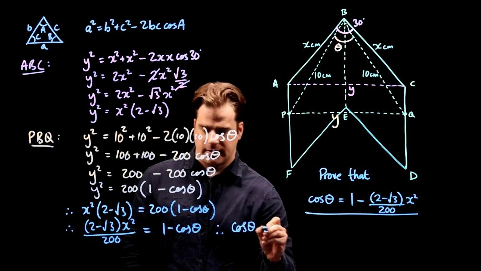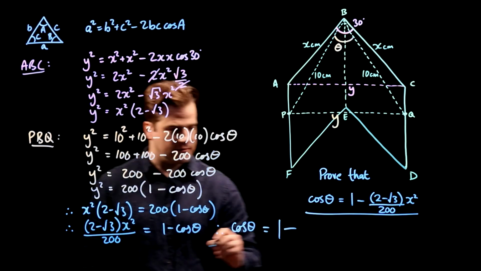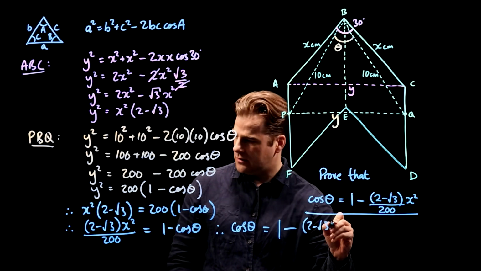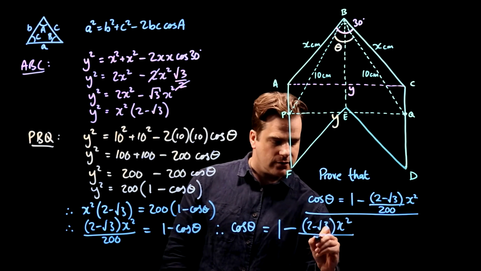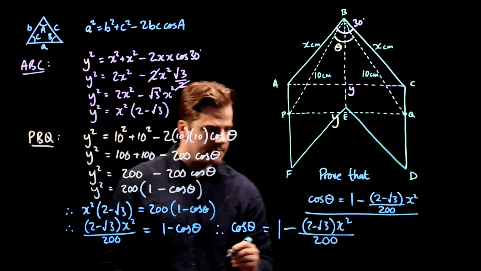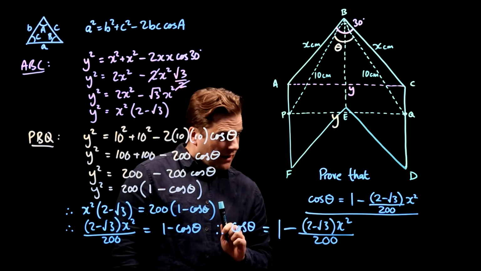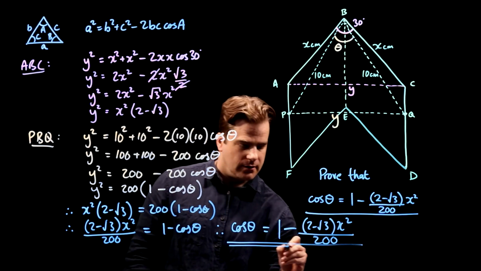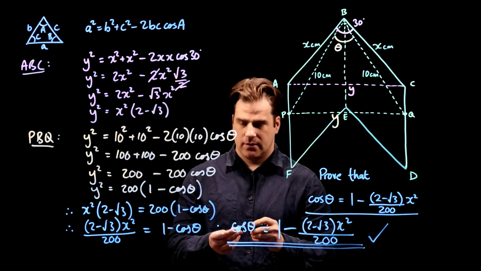So we get cos theta equals 1 minus 2 minus root 3 x squared over 200. And that should be the same as that. And it is. There we go. So we've done it.